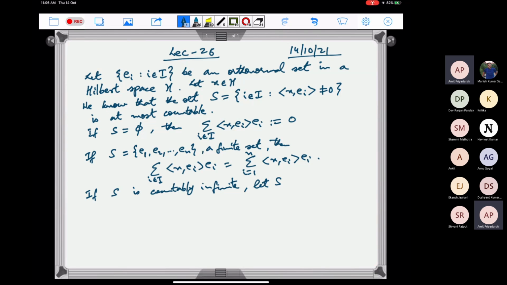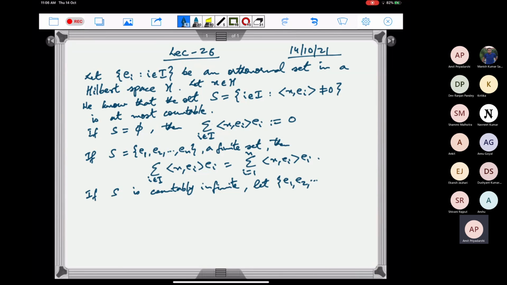So let e_1, e_2, ..., e_n, ... be an enumeration of S. Then we can talk about the summation of (x, e_i)e_i.